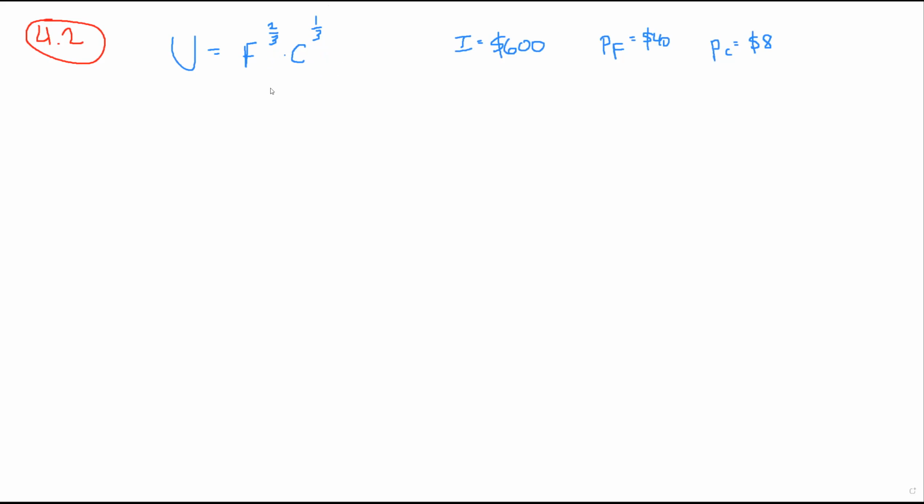Part A wants to know how much of each wine should this person purchase so as to maximize her utility. So F star will equal alpha times I over price of French wine times alpha plus beta. So we've got 2/3 times 600 over 40 times 2/3 plus 1/3.